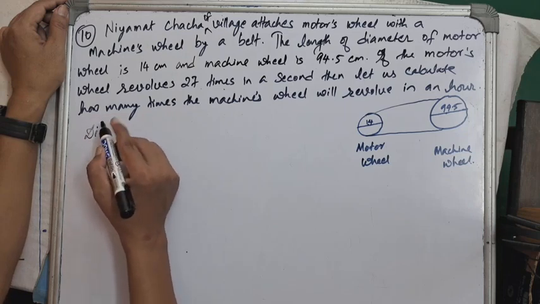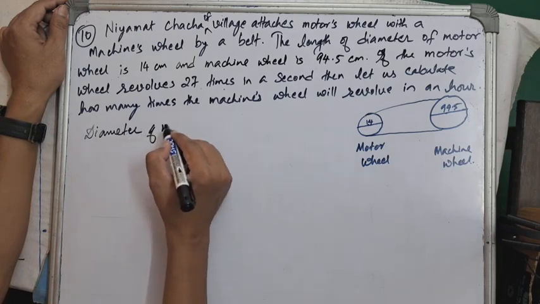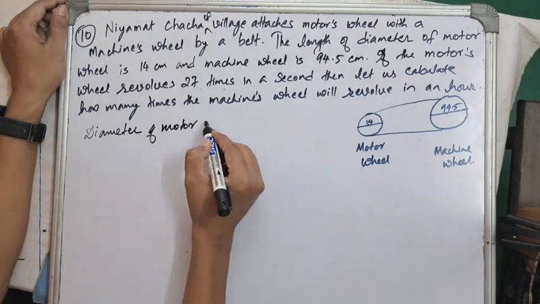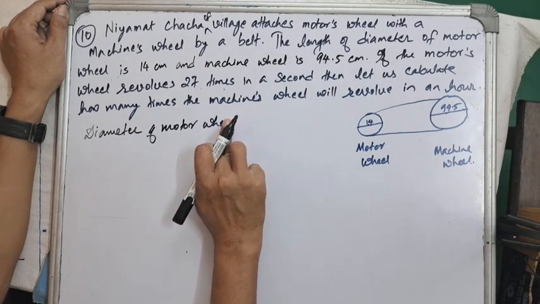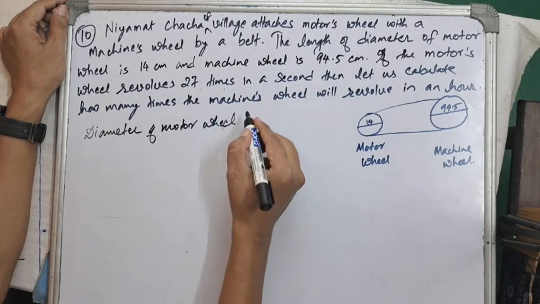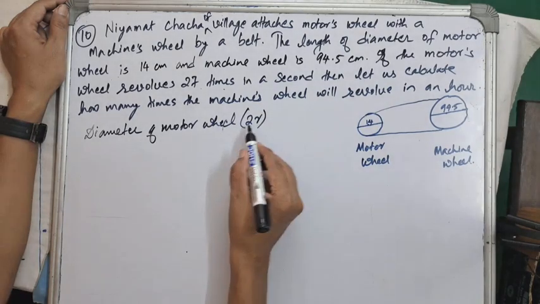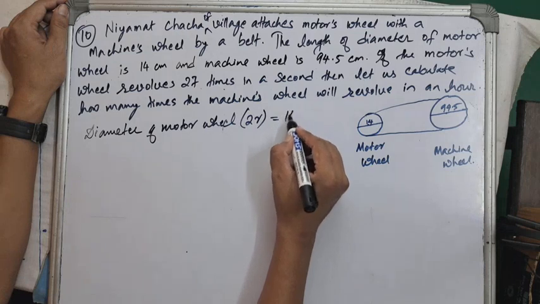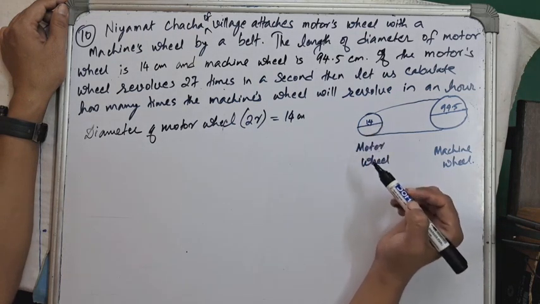Diameter of motor wheel. Diameter is given by the formula 2r, isn't it? Diameter means 2r is 14 centimeter. This diameter is 14 centimeter.